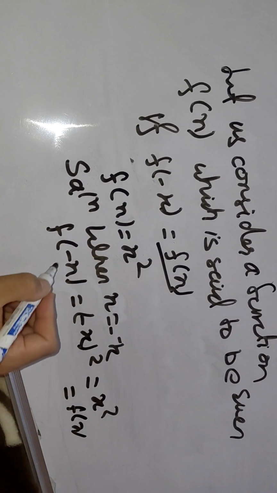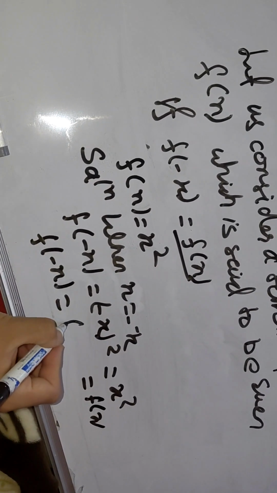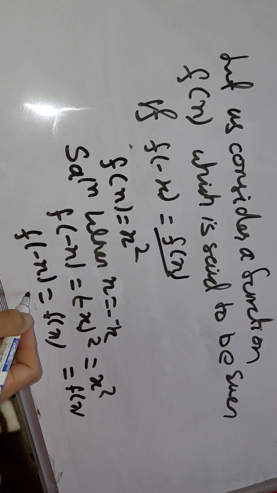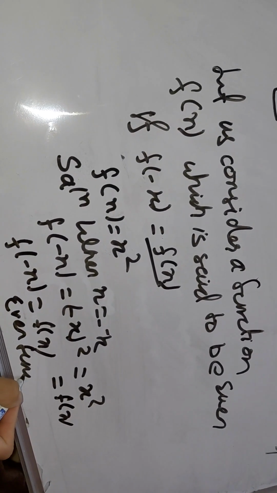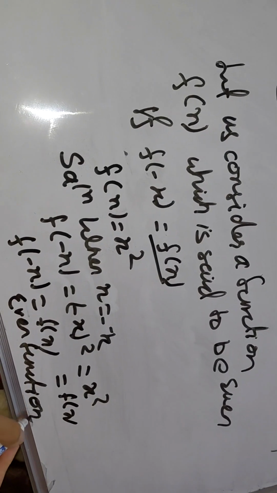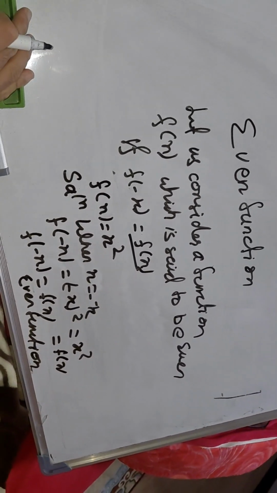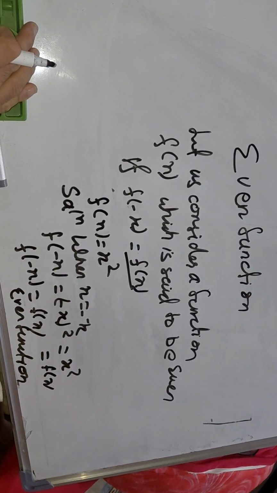So f of minus x, isn't that equal to f of x? It is equal to f of x. So this is our even function. Make sure you take the screenshot, even though my handwriting is not the best.